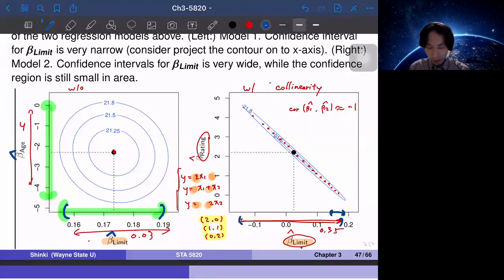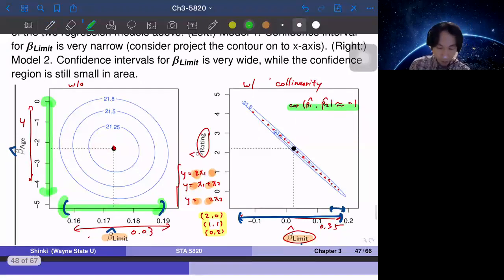So in terms of this two-dimensional object, the uncertainty isn't really large. But if we think about just the marginal distribution of beta hat limit, it ranges from negative 0.2 to positive 0.2, so it's really wide, and we cannot even see whether beta hat limit is positive or negative.